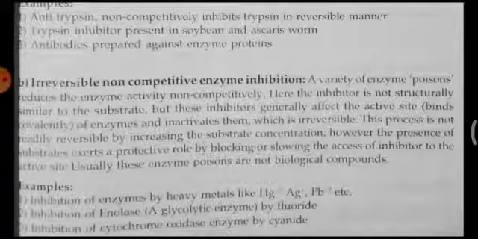Hence heavy metals are not good for the body because they act as various types of enzyme inhibitors, and in this case irreversible, non-competitive enzyme inhibition occurs by these types of metal ions, fluorides, cyanides, etc.